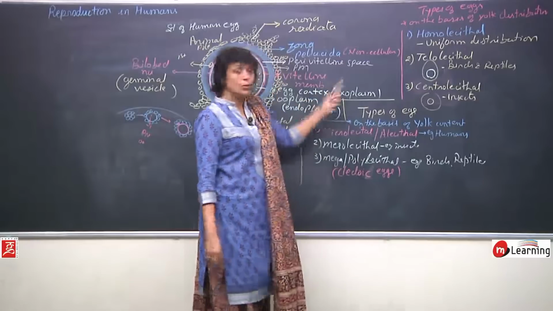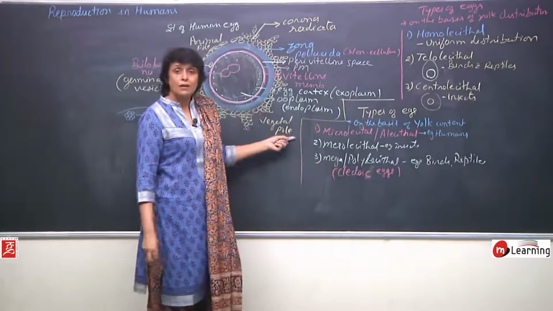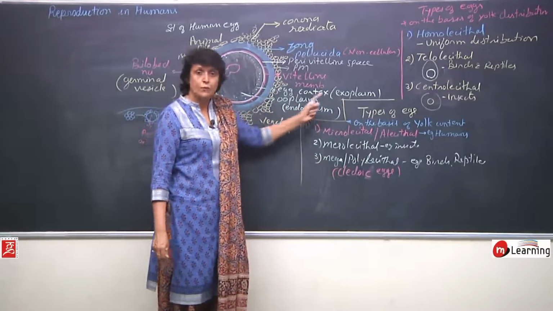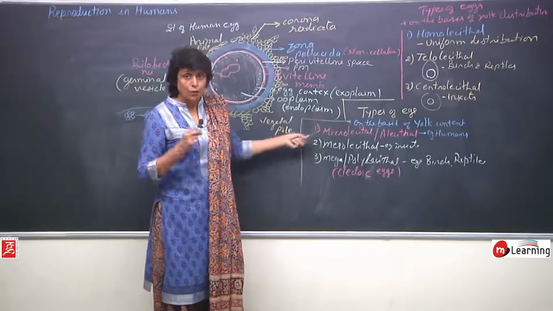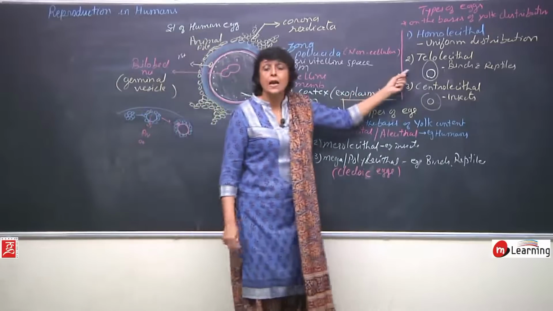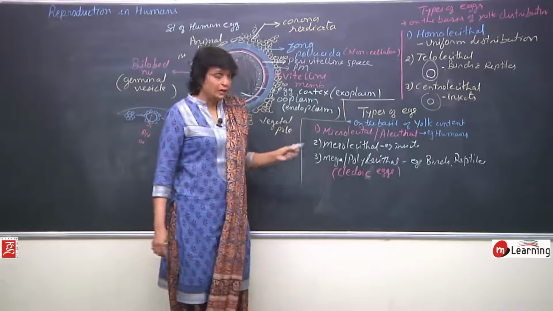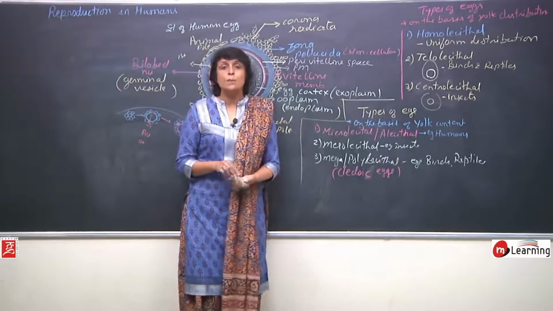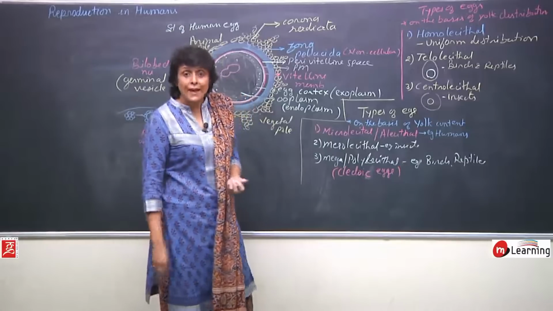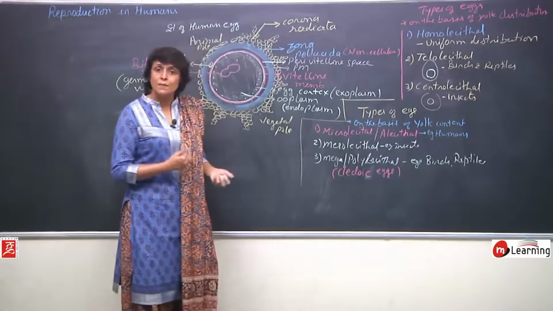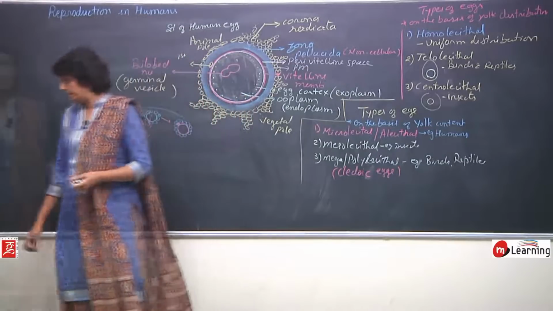So these are two classifications or types of eggs on the basis of, one, yolk content, how much of it is there, and second, how that yolk is distributed. Now let us also talk about the egg membranes and see what all these membranes are known as.